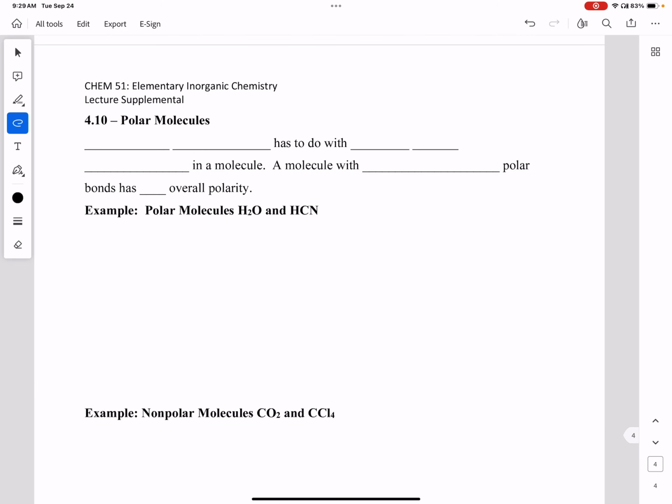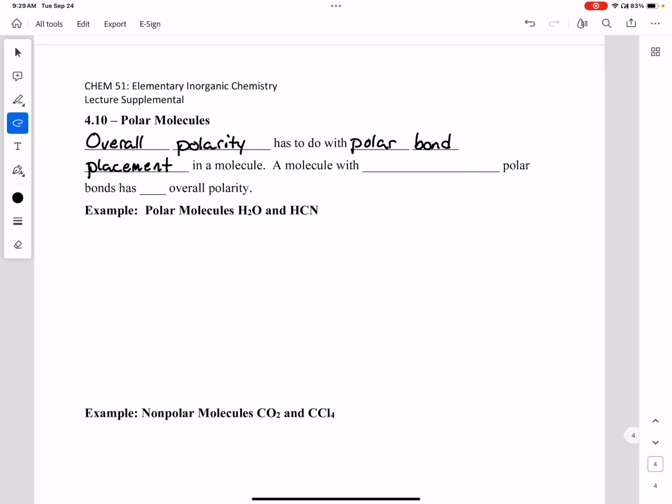So the final thing to look at is overall polarity. We looked at individual bonds just now, but overall polarity has to do with polar bond placement within a molecule.